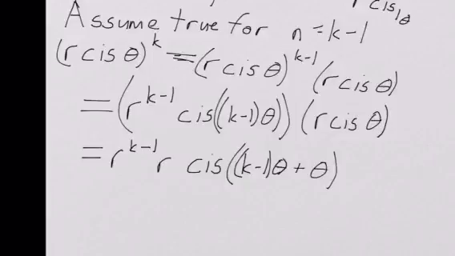And now simplifying that, r to the k minus 1 times r is just r to the k. And k minus 1 times theta plus theta is going to be k theta. So we get r to the k, CIS k theta, as the theorem says we should, and that is deemed sufficient to prove the theorem for the positive integers.